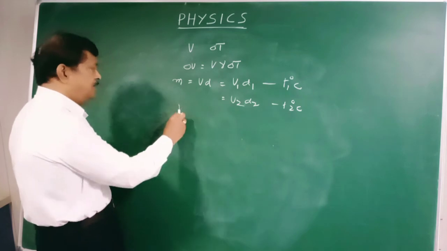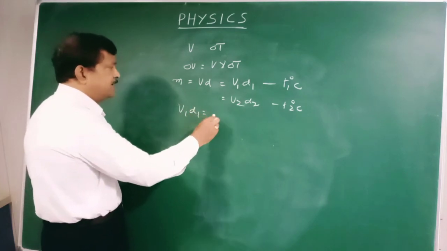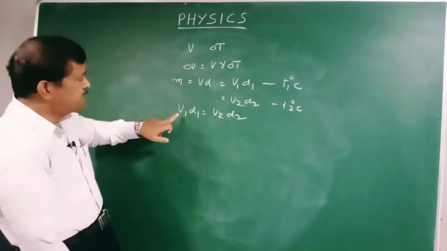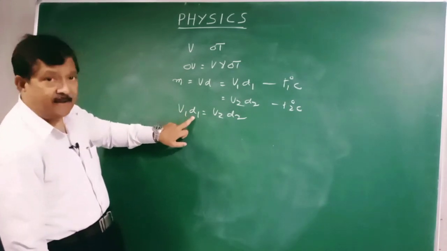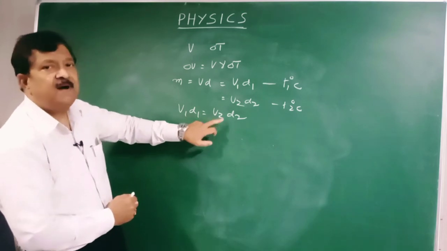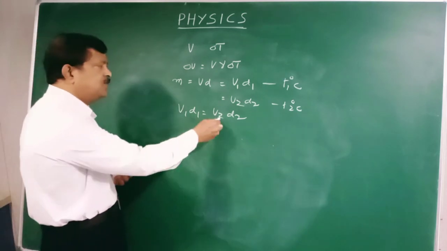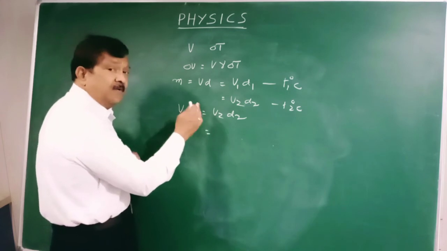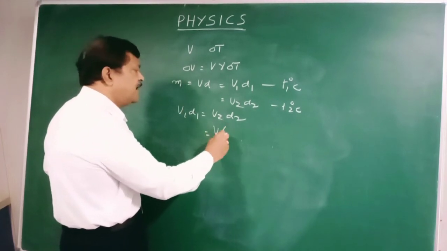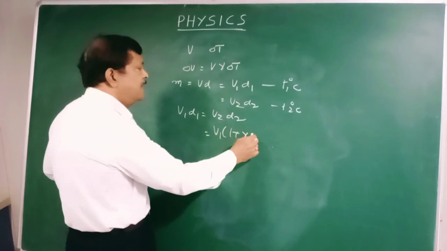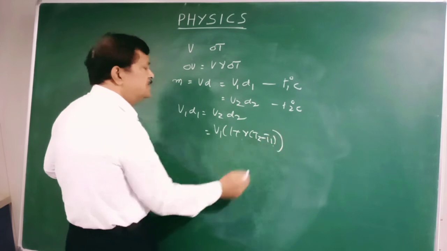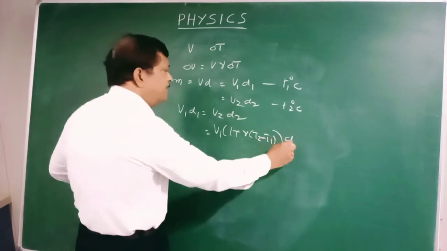Therefore, let us consider the equation V1 D1 = V2 D2, where V1 is the initial volume, D1 the initial density at lower temperature T1 degrees centigrade, and V2 is the final volume. Now let us substitute for the final volume. We have derived an equation for that previously, that is V2 = V1 (1 + γ (T2 − T1)). This is the value of V2 multiplied by D2.